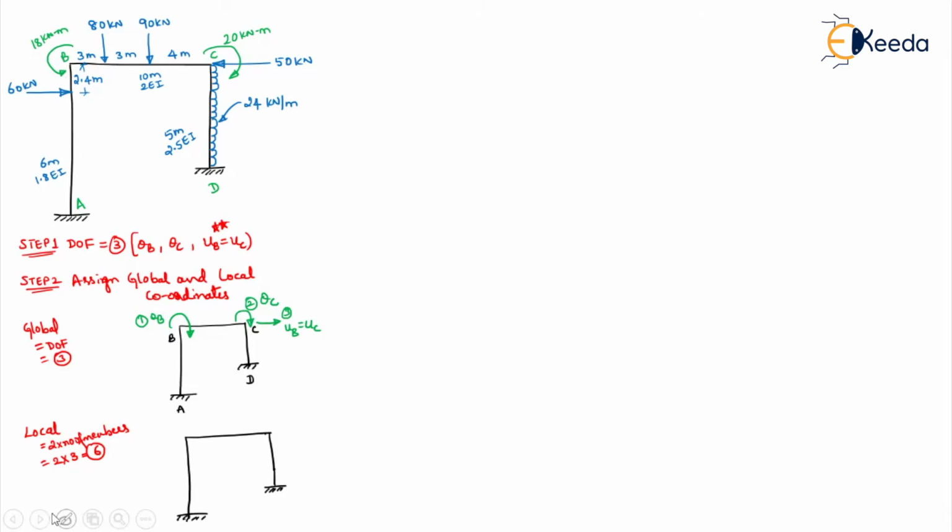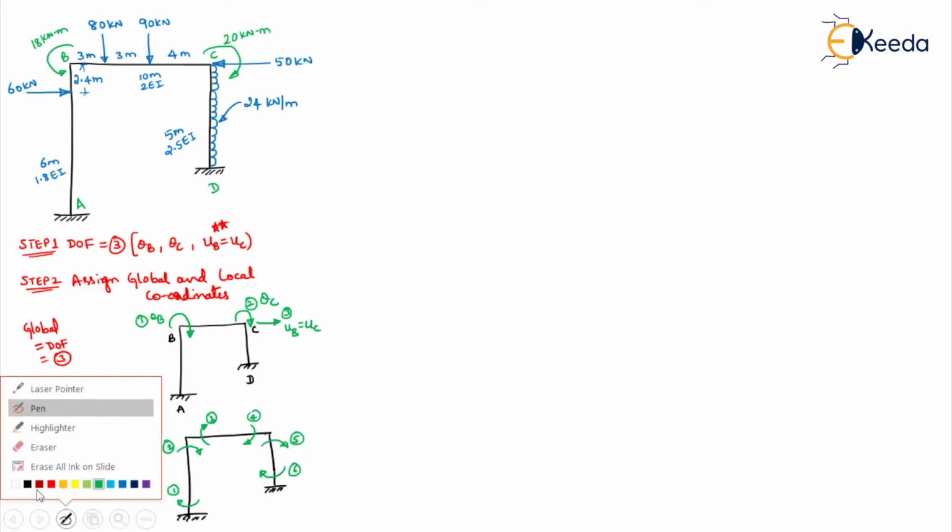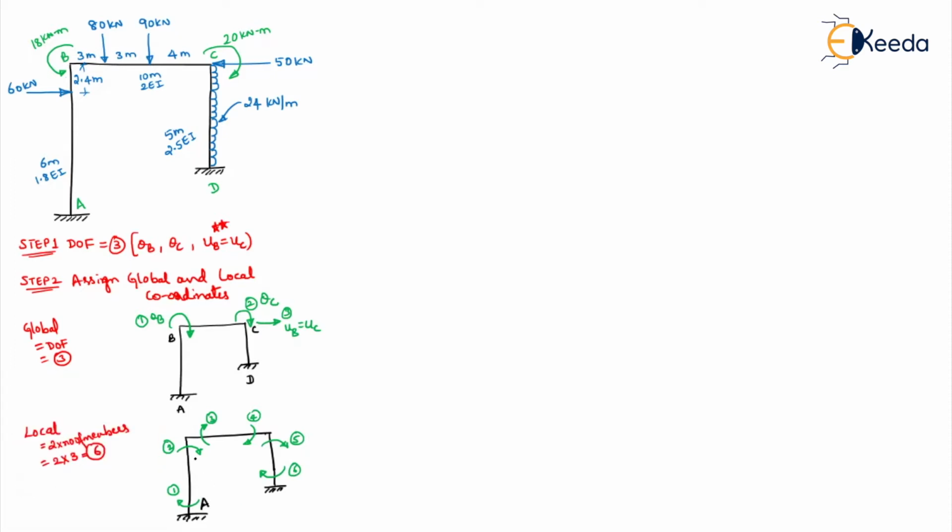Every time we take the local coordinate in the clockwise direction, so clockwise here, clockwise here, and so on. Let's name them 1, 2, 3, 4, 5 and 6. These are the 6 local coordinates which you have in the problem.